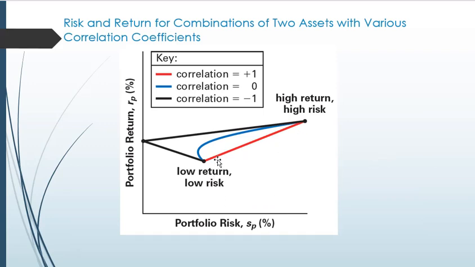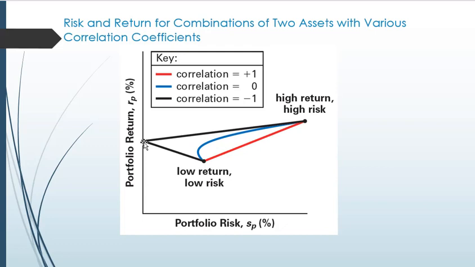The straight line represents a correlation of +1. And again, when you combine two assets, you won't get any reduction in risk if the correlation is perfectly positive. But as the correlation declines from +1, you see that we get the same combinations of assets, but the return changes, and we get this bullet-shaped curve.